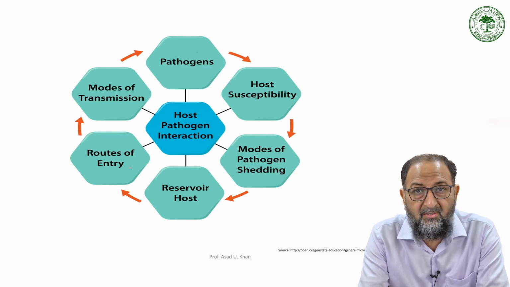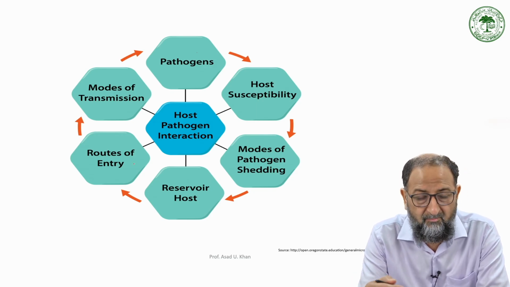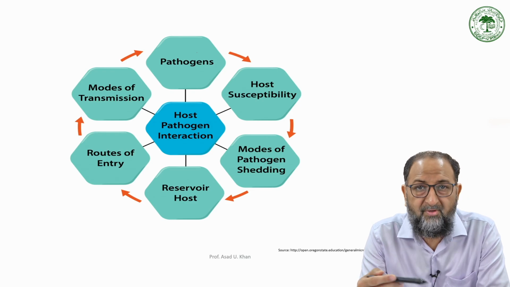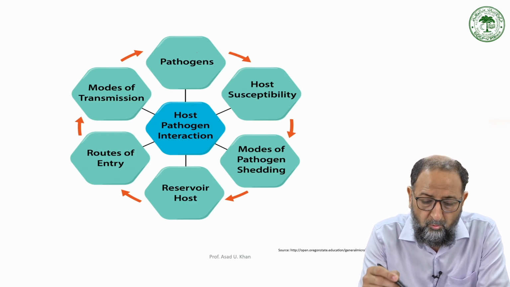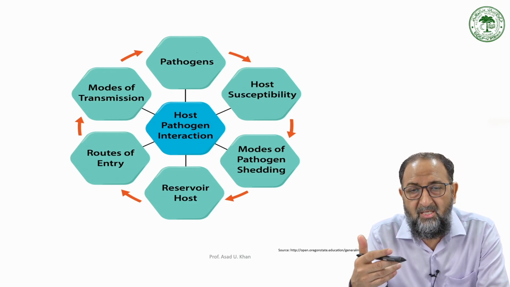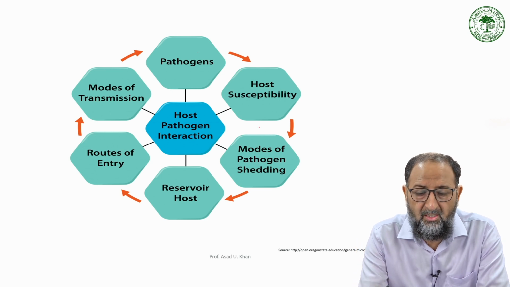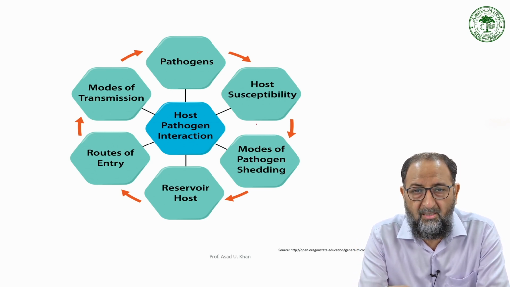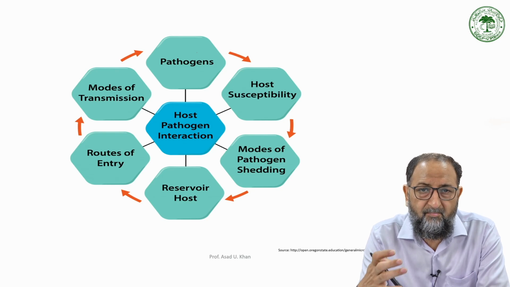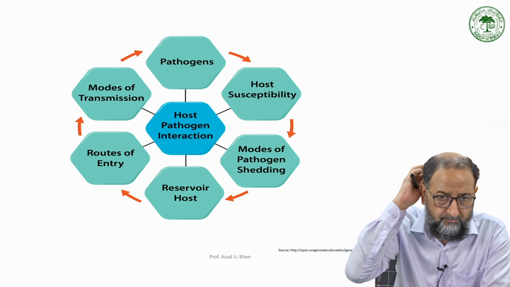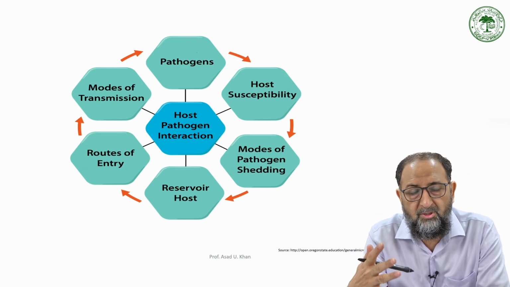Then routes of entry, how does it enter, that is called penetration, and mode of transmission. So host pathogen interaction basically requires these 6 components, or we call it the hexagon model, where you can understand how the host is interacting.